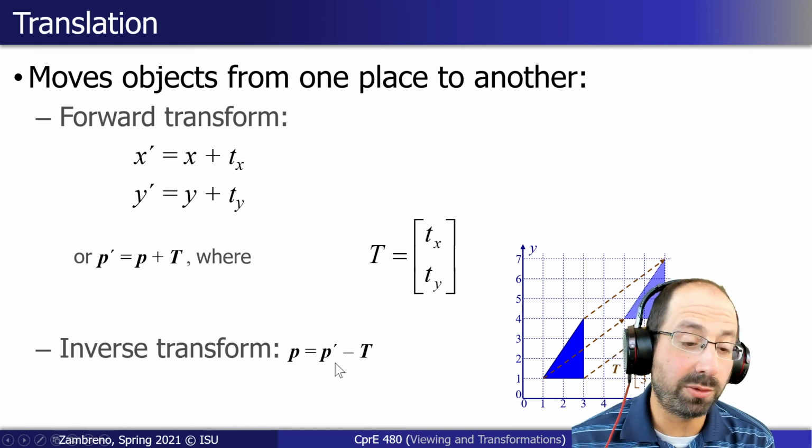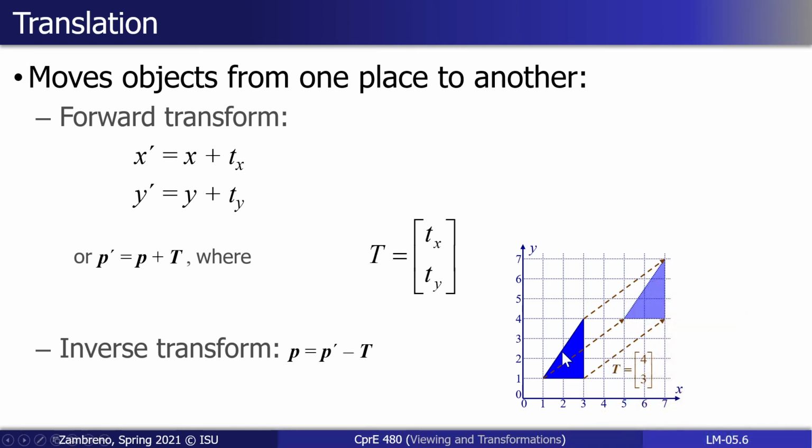Our inverse transform is just subtracting that same translation array here. So for our specified points in our vertex buffer, if we were then to apply this transformation, a translation of 4 in the x and 3 in the y, we would get this kind of resulting triangle shown here.